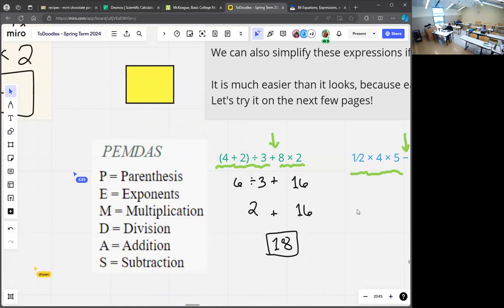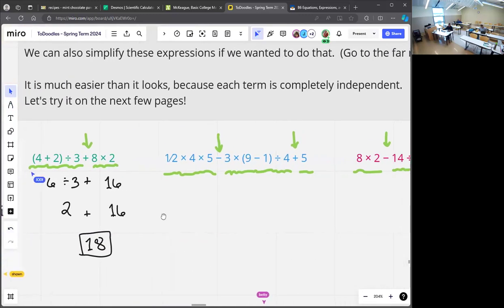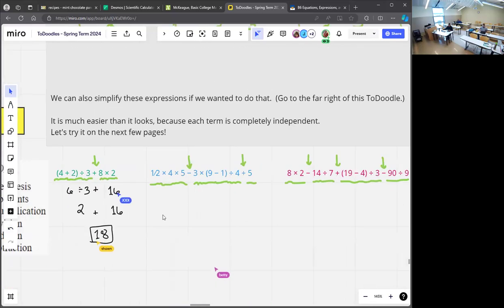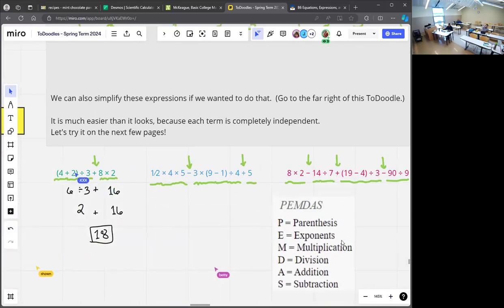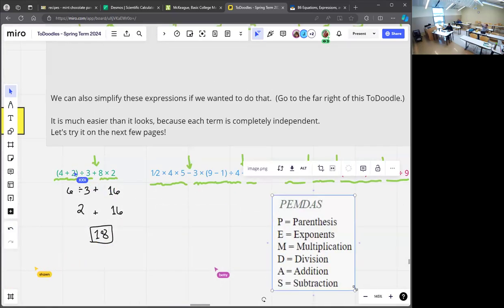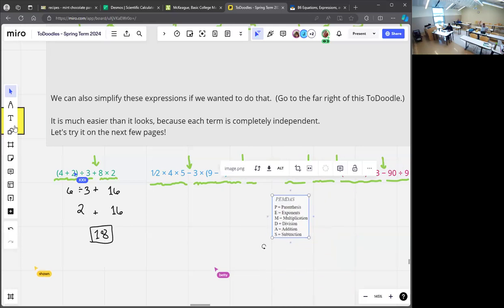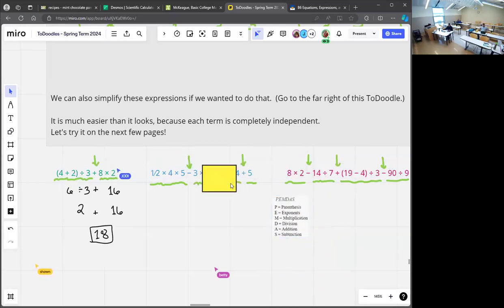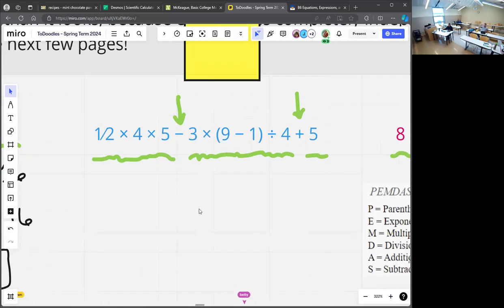We're recording. Okay, this blue one, wow, this looks big and scary. So let's see how it's actually not that bad. I'm going to start by looking at the pluses and minuses that separate the terms.